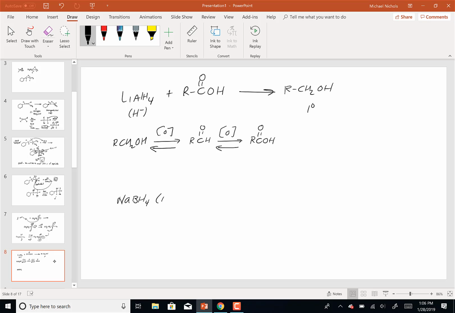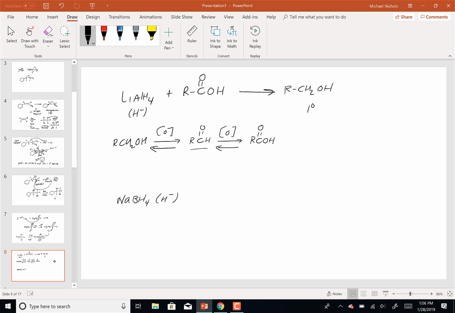It is a reducing reagent, but it's not strong enough to reduce a carboxylic acid. So you've got to use lithium aluminum hydride, and it'll take the carboxylic acid all the way down. It would take an aldehyde down to a primary alcohol as well.